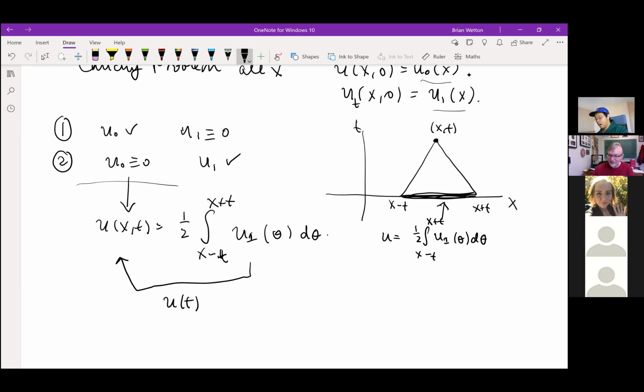I motivated you last lecture, for those that were here, as saying, well, it's some process, it's a linear process, so I can make it look like it's kind of like a matrix multiplication, even though these are an infinite number of values, right? Some process by which I take the function U1 and I get the function U at time t, okay? So that's U of x at a particular time t, some function of x, and I get it by doing this process.